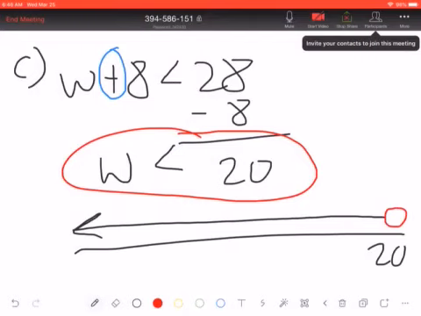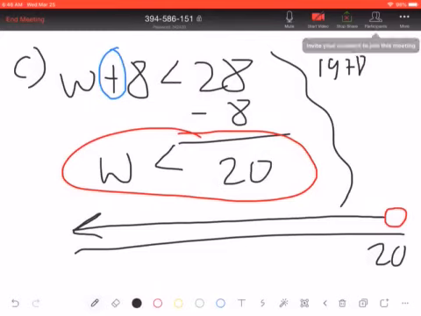Now at this point I just want to stop and add a little something. You can check whether this works by just picking numbers or substituting. So anything less than 20, so I'm going to choose 19, okay? So let's plug in, I'm going to do this over here, 19 plus 8, is that less than 28?